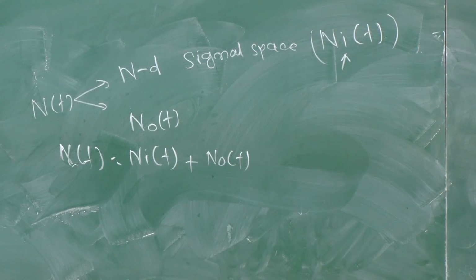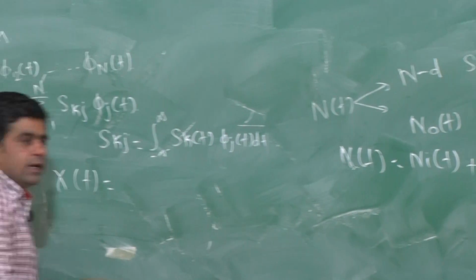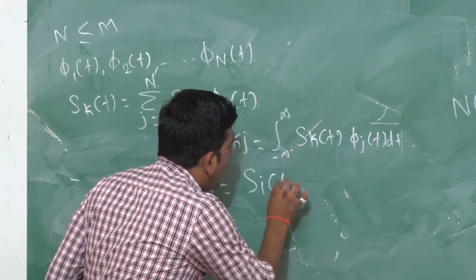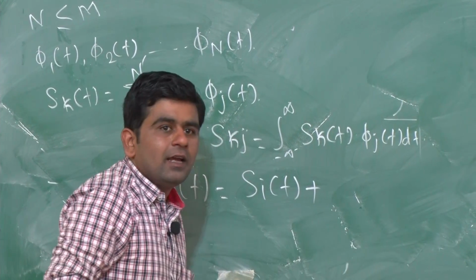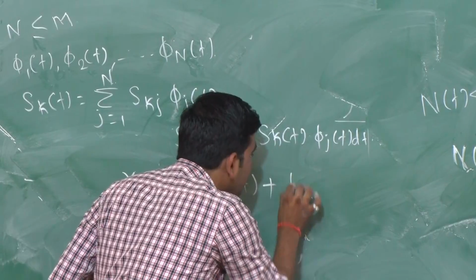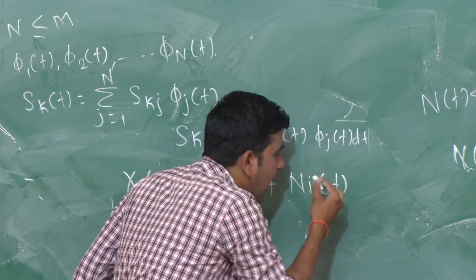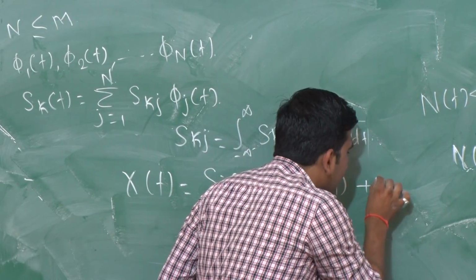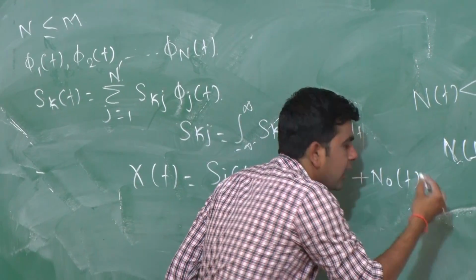Is it clear? So input to the system x of t is given as s i of t plus n i of t plus n naught of t, where n of t is your noise, given as n i of t plus n naught of t.